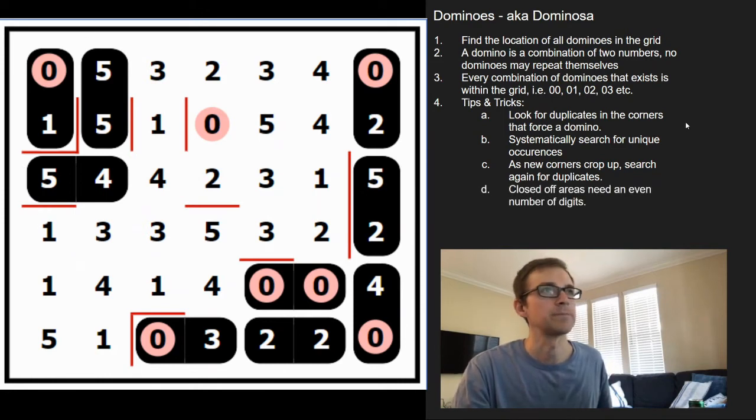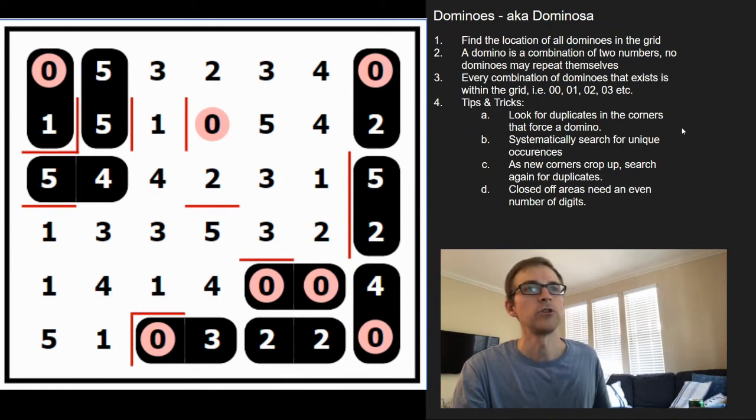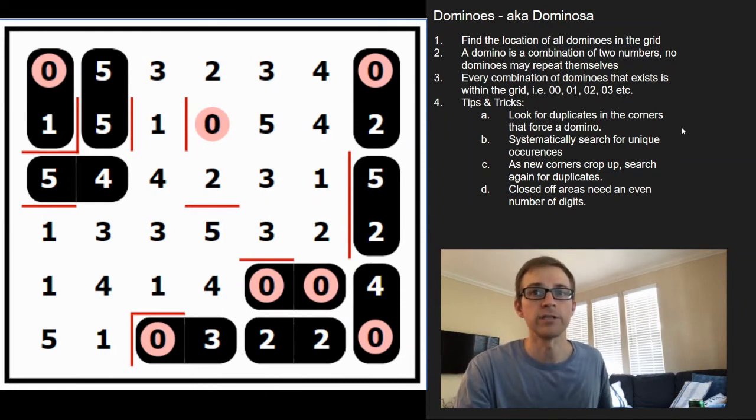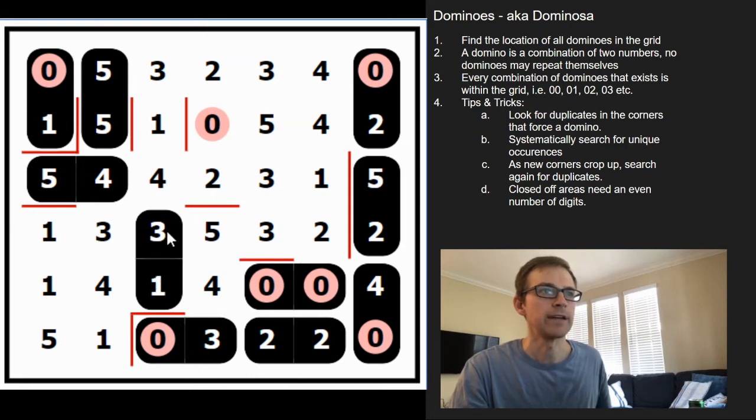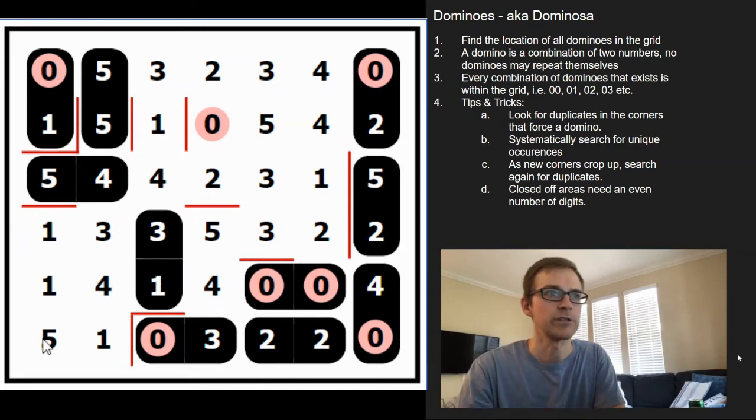Another thing is in the harder puzzles, you want to remember that dominoes always have to have an even number of digits. So you can never have a closed off area with an odd number. What I mean by that is, let's say, for instance, see if I can do an example here. If I did this domino, that closes off this region.